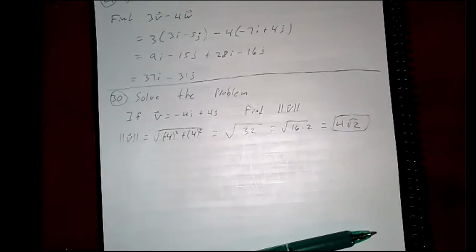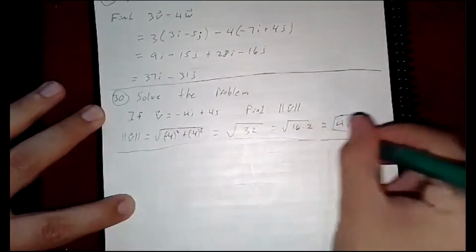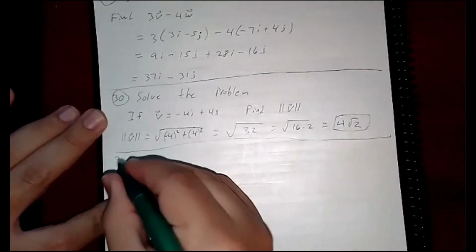All right, 32 says find the unit vector. So we're just going to need to divide by its magnitude, and that's it.